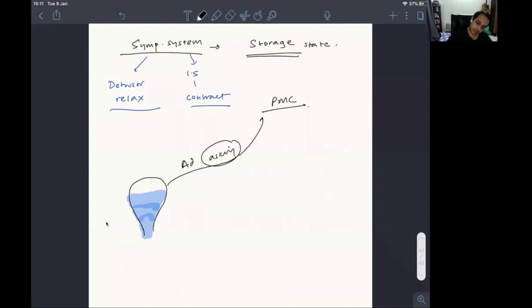And if the return command is no, then the command will go to the sympathetic system. And the sympathetic system will then give the order to the detrusor and the internal sphincter to not void.